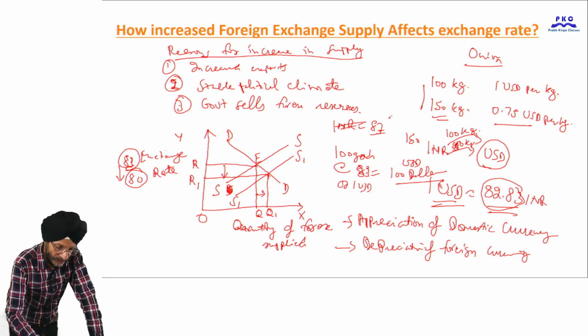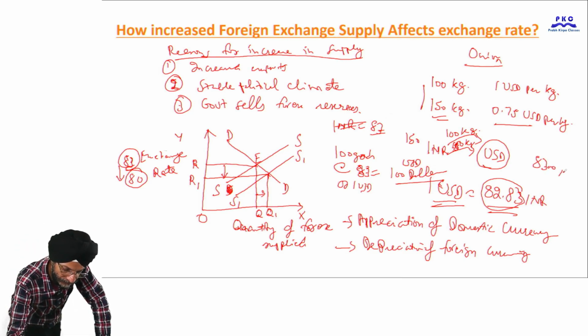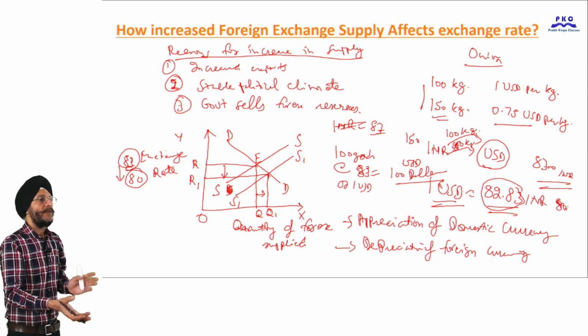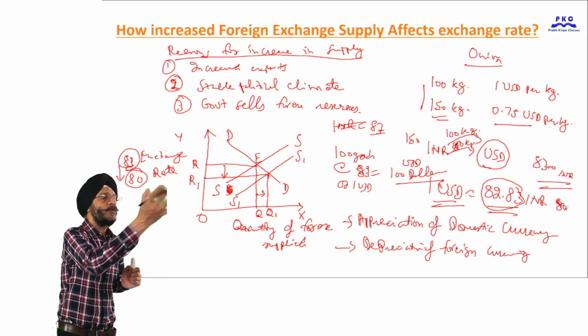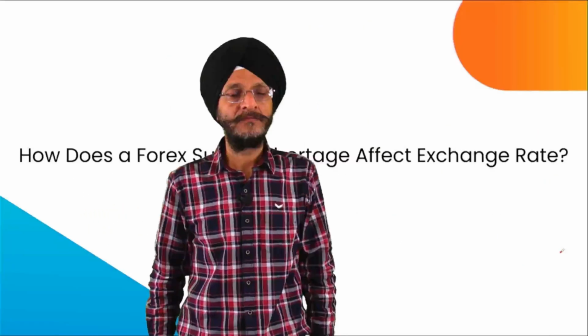But they will have to pay 8,300 in Indian rupee. But now the value of $1 is only 80. So they will have to make more payment in US dollars. So it is depreciation of foreign currency.